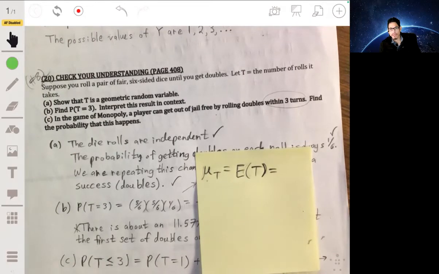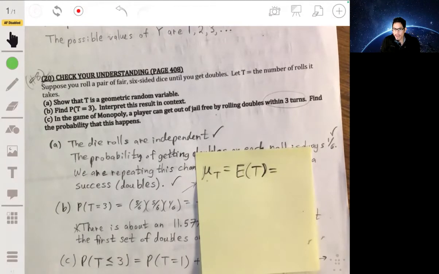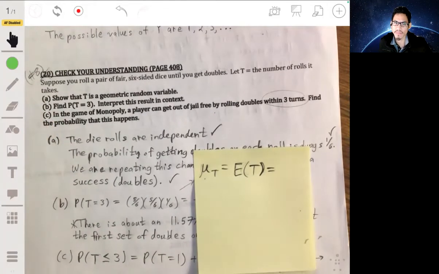To get doubles, we have a 1 in 6 chance. So just using your common intuition, if you have a 1 in 6 chance of getting doubles on any roll, that means on average, you'll probably need 6 rolls to get doubles. Sometimes you can get it on your first, second, or third roll, but on average, you'll need 6 rolls.